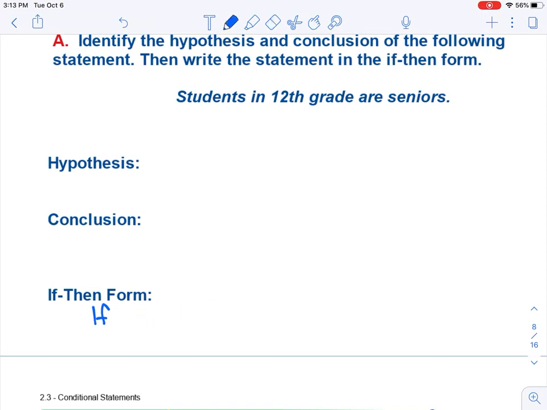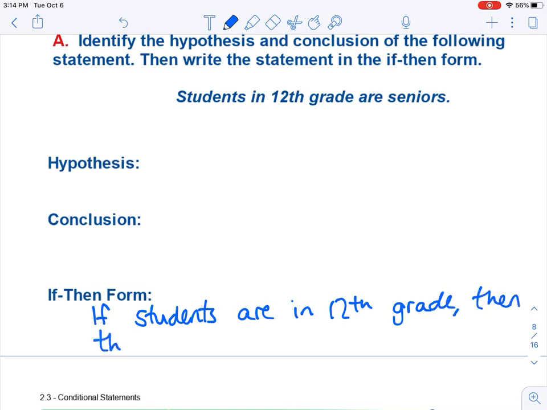I'm going to say, actually, if students... be careful here. You wouldn't want to say if a student is a senior, then they are in 12th grade.